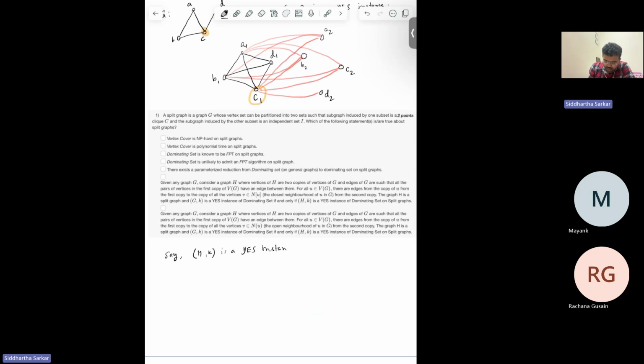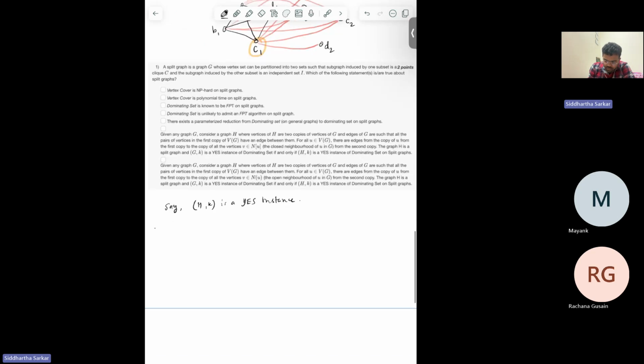What does it mean? This means that there exists a dominating set S in H of size at most K. Now what do we have to show? We have to show that there exists a dominating set S dash in G of size at most K. So how are we going to show it?